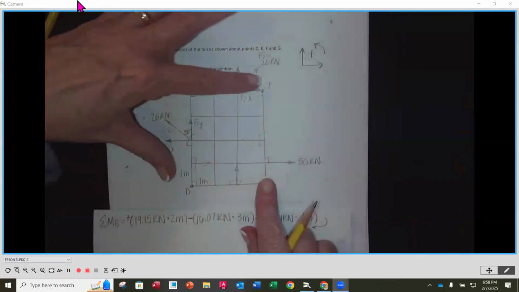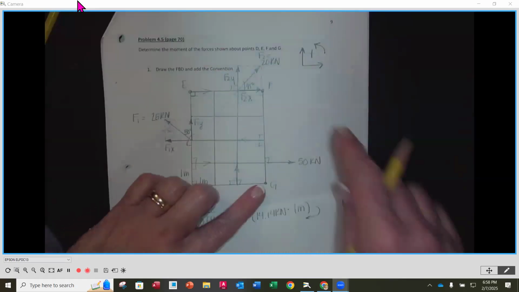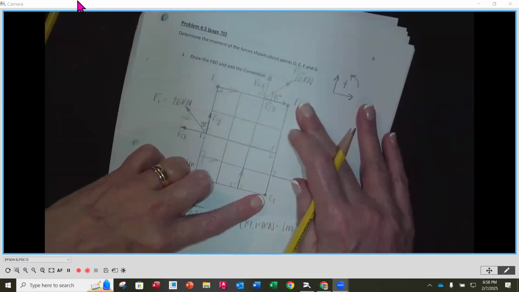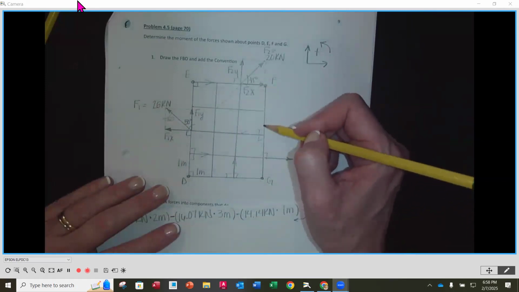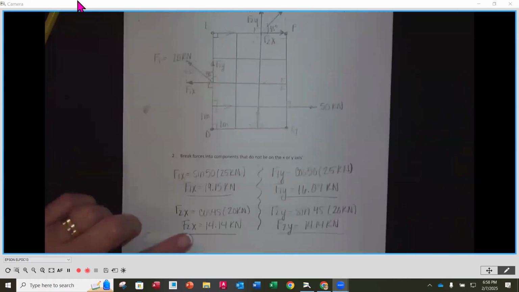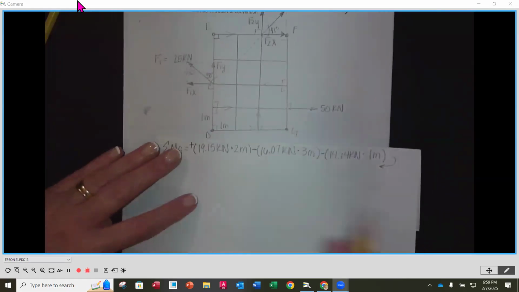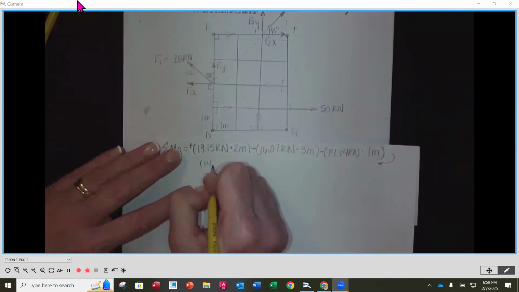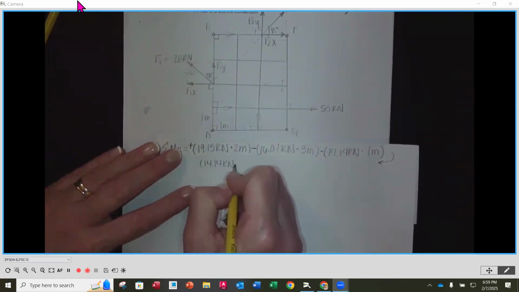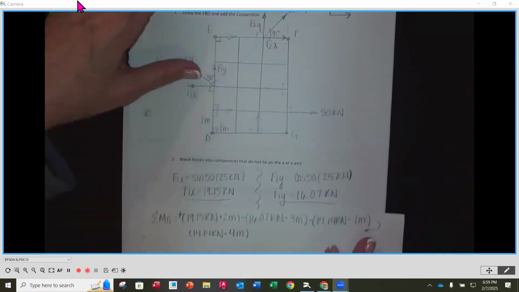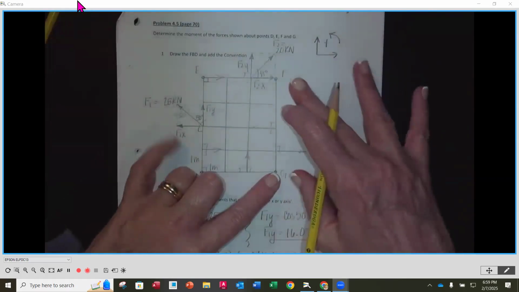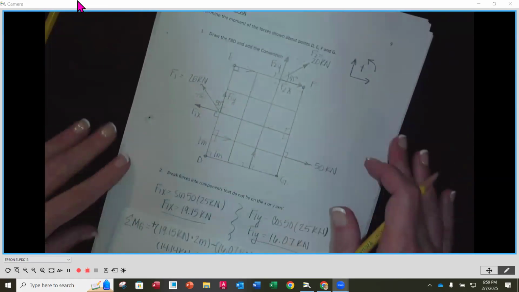So finger on G, I've got my F2x, going to cause rotation. And its perpendicular distance is going to be 1, 2, 3, 4 meters away. So F2x is 14.14, and it's going to be 4 meters. And then direction of rotation, finger on G, it's going to rotate clockwise.